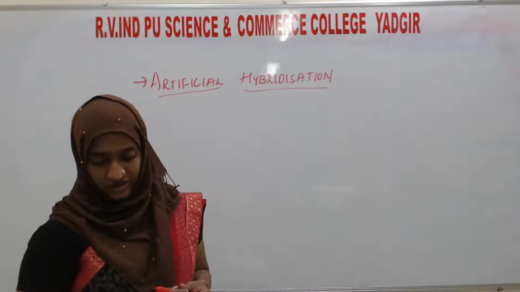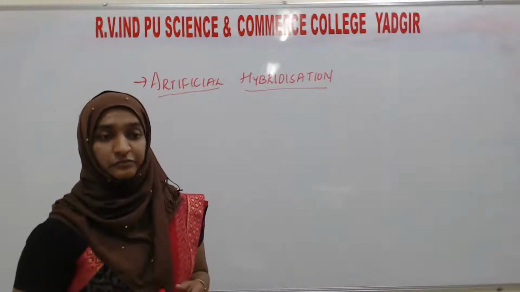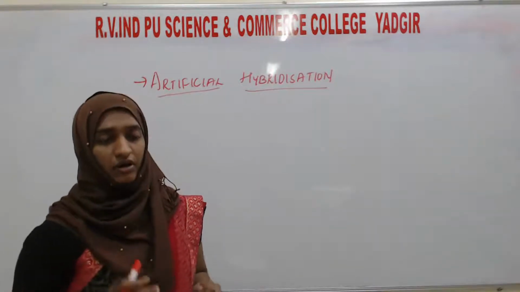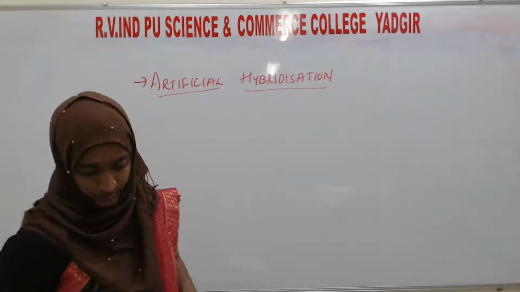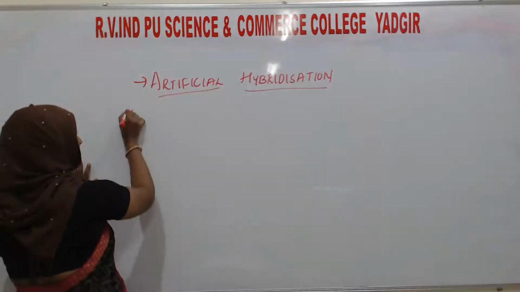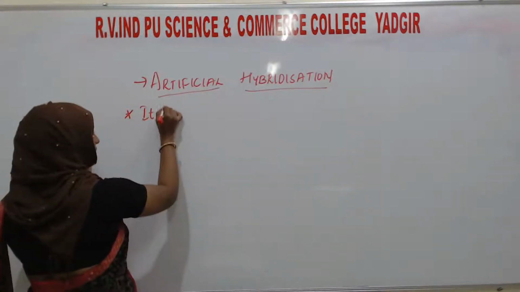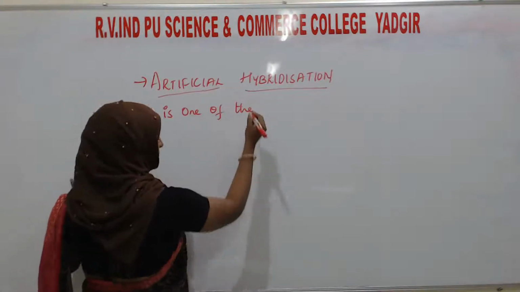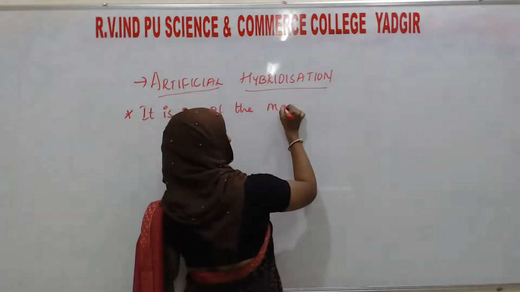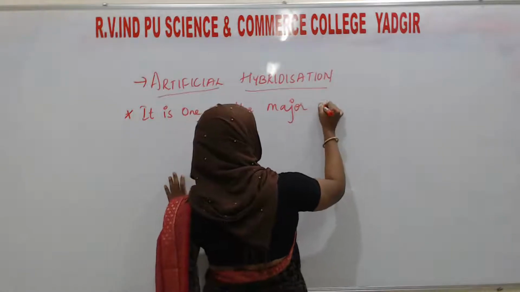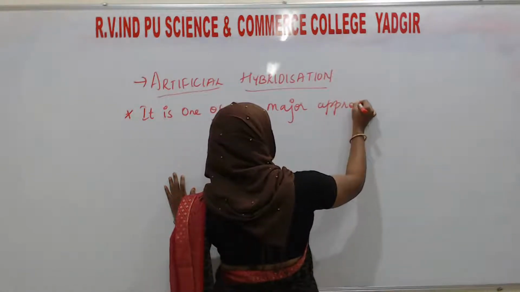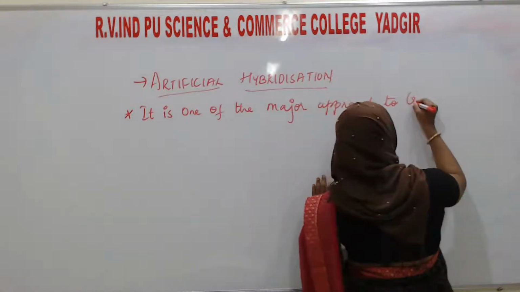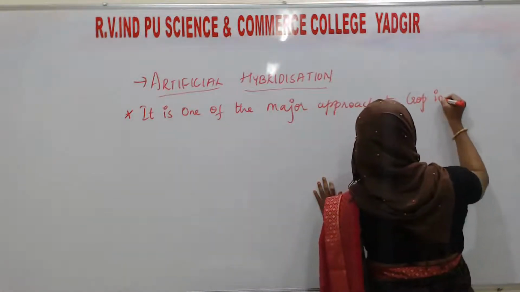Artificial hybridization takes place to improve crops, as it is one of the major approaches to the crop improvement program.